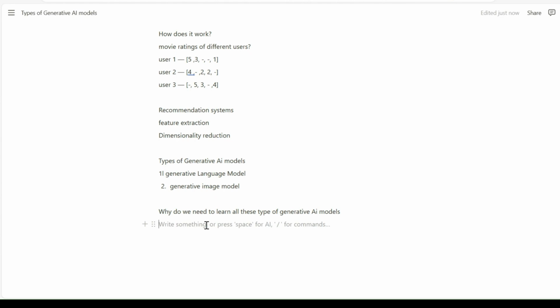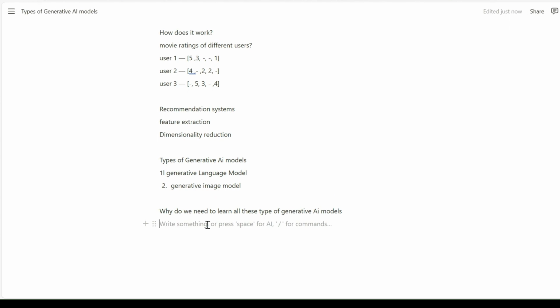Because ultimately we need to give a prompt to the models and get our output. So we need to properly understand how they work, so that we can give proper prompts to the models and get our output.